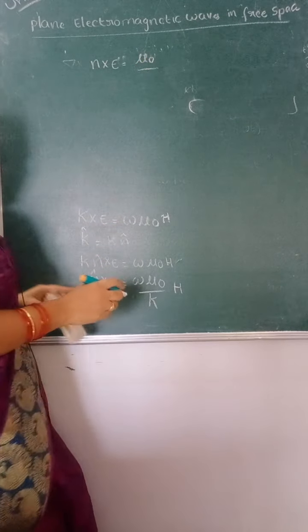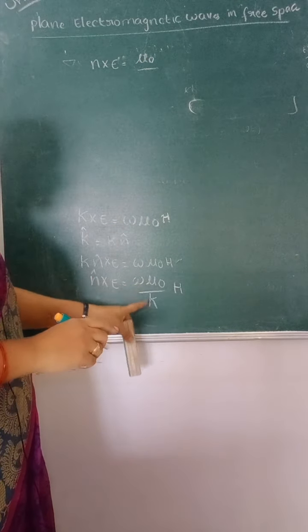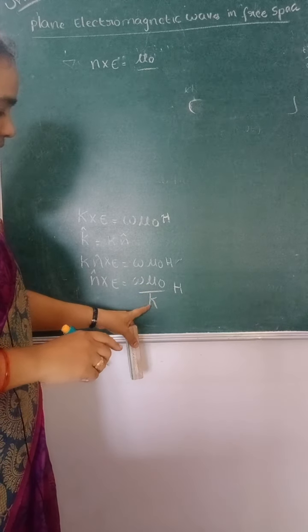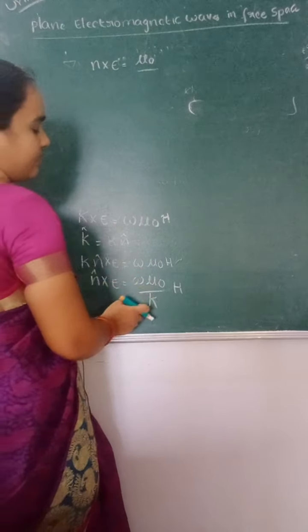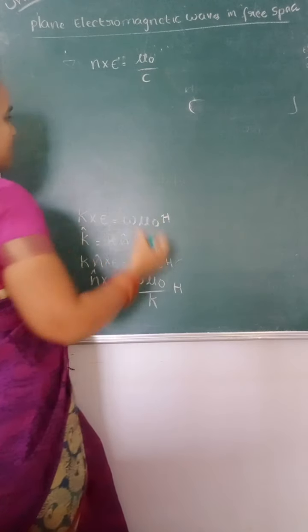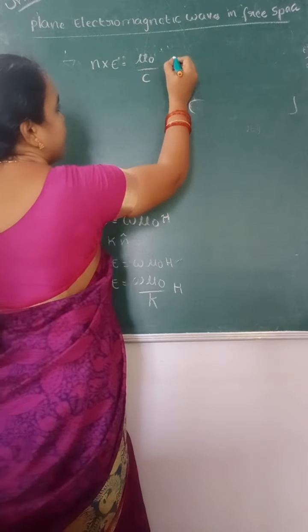Already we have derived k by omega, and since k by omega is equal to 1 by c, this expression becomes mu naught by c into H.